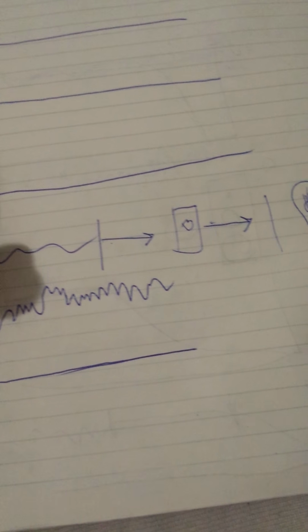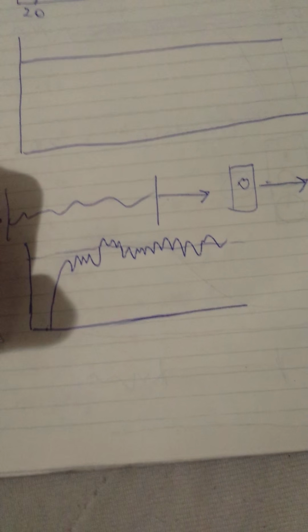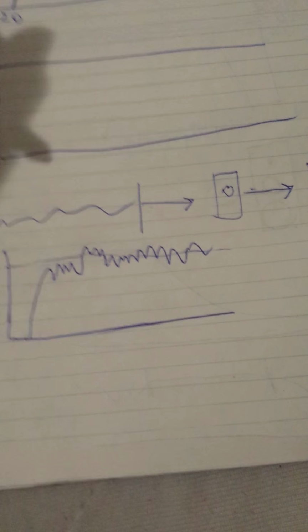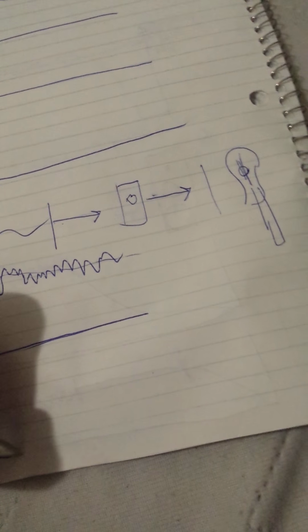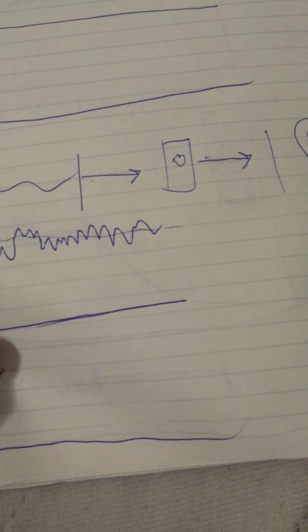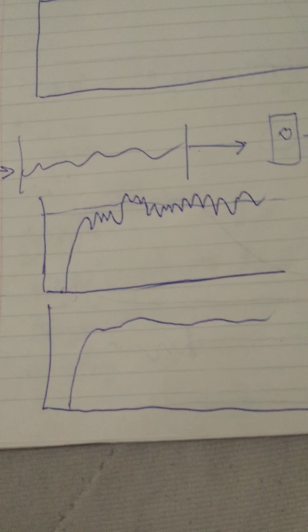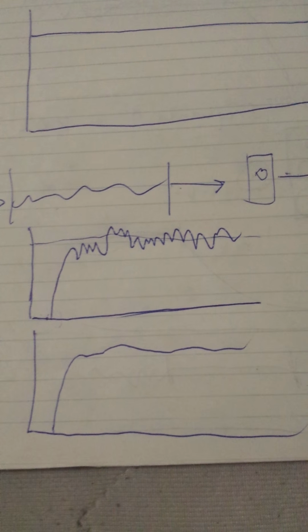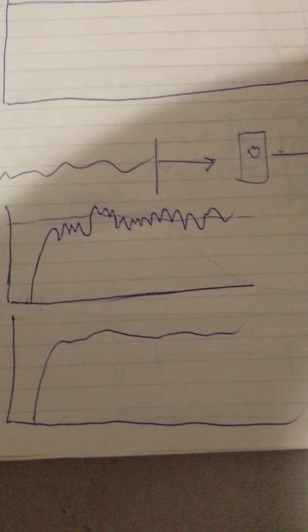But what a lot of manufacturers will do, and they'll write it in the bottom in fine print, is 3 or even greater decibel smoothing, and basically that will take that curve and make it look like this. Right? So they take all the peaks and valleys and they smooth it, and it generally looks much more appealing, especially to those who don't even know how to read a frequency response curve.